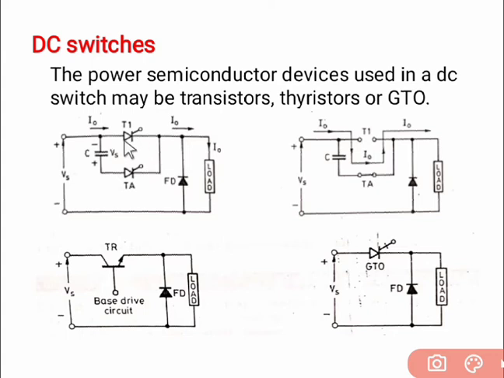So there are two thyristors, T1 and thyristor TA. Thyristor T1 is known as the main thyristor, while thyristor TA is known as the auxiliary thyristor.